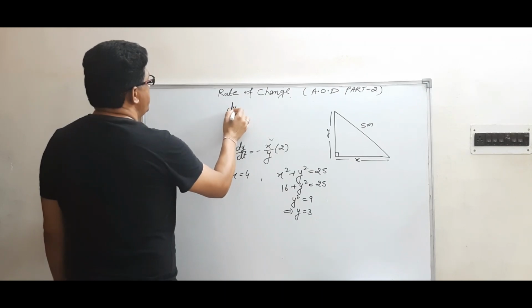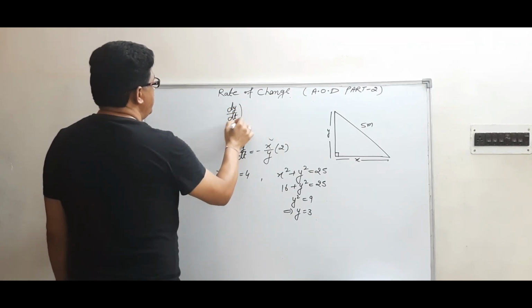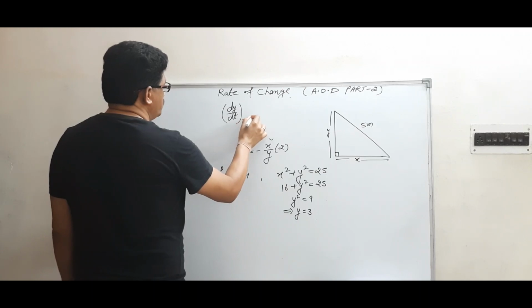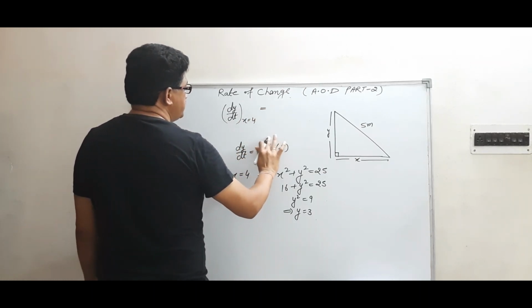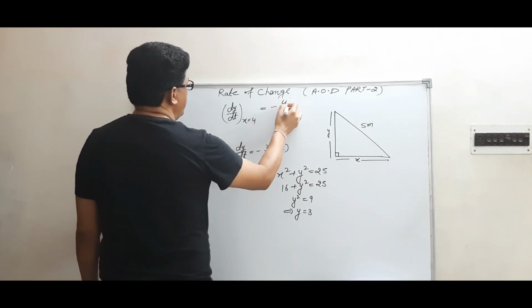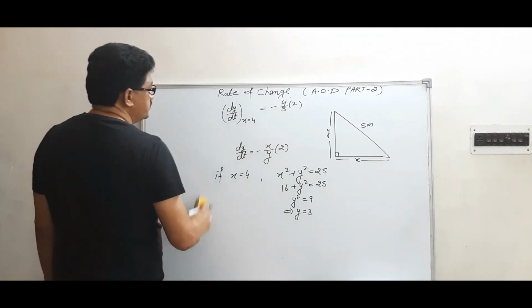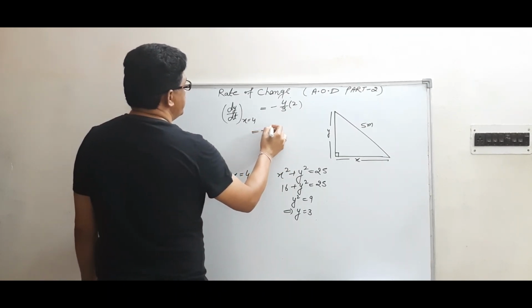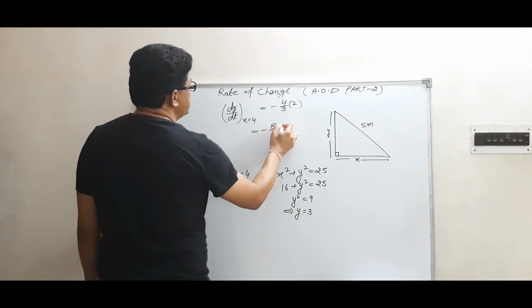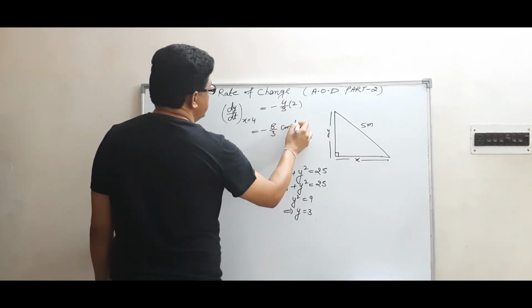So dy by dt at x is equals to 4 is minus 4, y is 3 into 2. So minus 8 upon 3 centimeter per second.